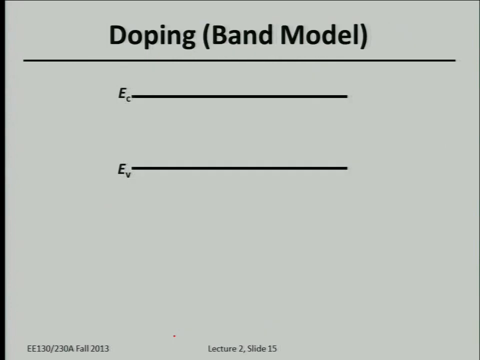Okay, so let's talk about this energy trapping and detrapping. If we go back to the band model, again we have allowed energy states up here, allowed energy states down here. The dopants have some local allowed energy state for that fifth electron. So there's some energy level associated with that fifth valence electron for the donor. And it's very easy for that fifth electron to become a conduction electron.